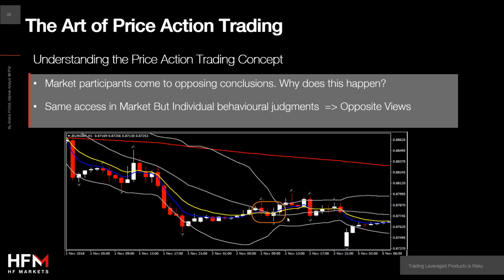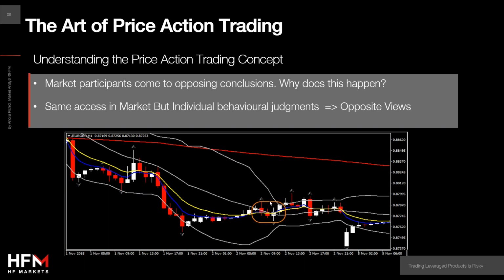But even though this cross of the 5 and 9 moving averages above the 20 is supposed to be a bullish signal, for some people it was a bullish signal, but some others decided to sell.